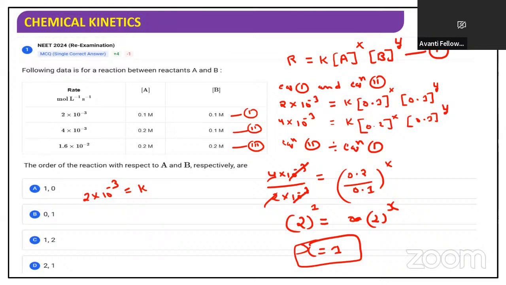Equation 2 and equation 3, dividing, to 10 to the power minus 2 on dividing.